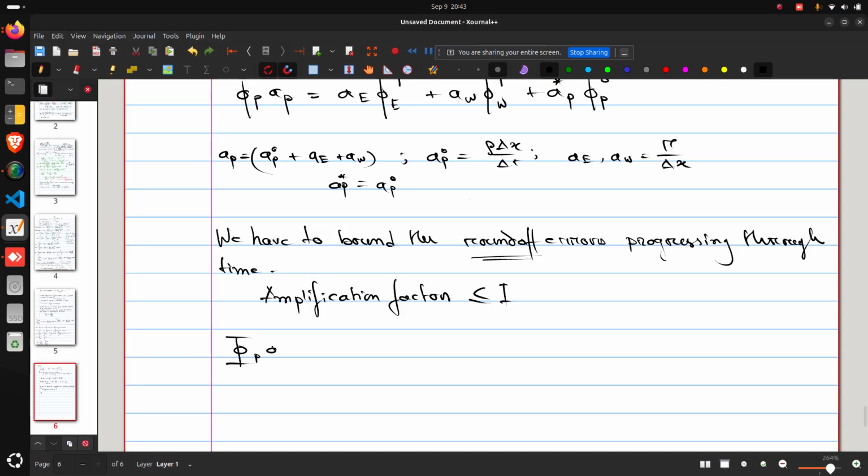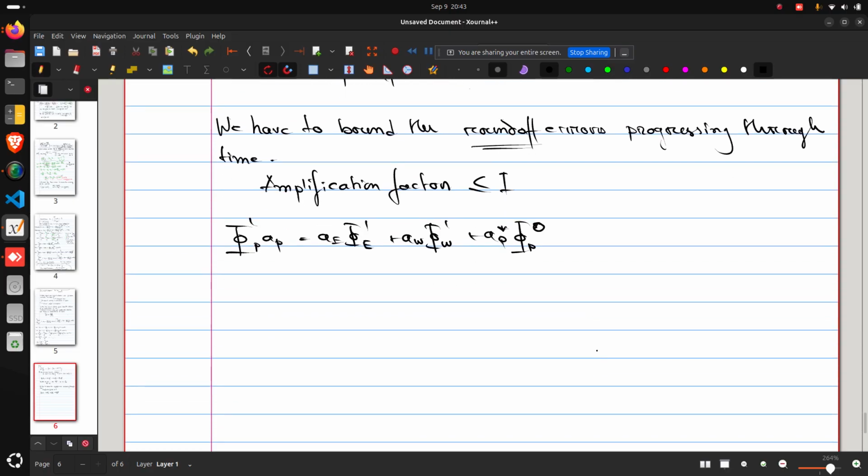So capital phi p a p equal to a e capital phi e plus a w capital phi w plus a p star capital phi p naught, right? This is equation 1.